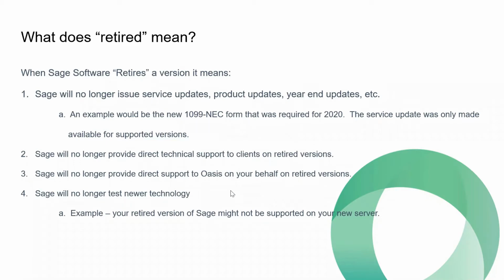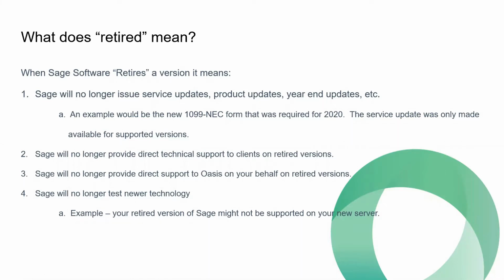So as I was mentioning before we lost our connection, Sage no longer tests old retired versions with newer technology. An example of that could be that let's say you're on a really old version of Sage and you need to get a new server.